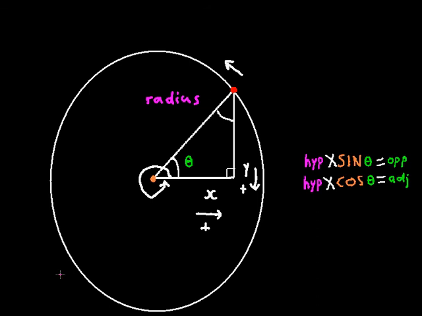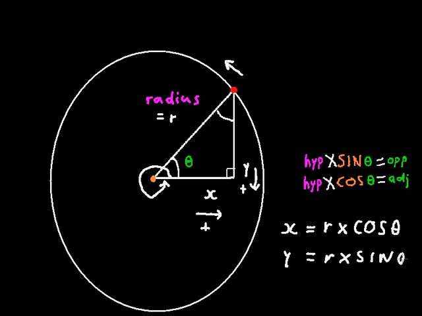Or we can just simply rewrite the equation. So x, remember x is the adjacent, x equals the radius r times cos theta, and y equals r, if r is the radius, r times sine theta.